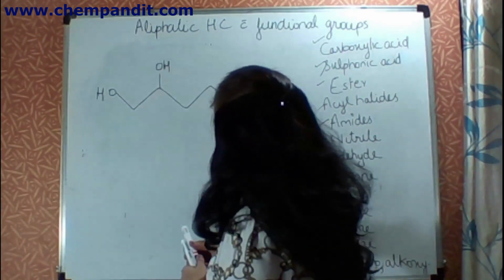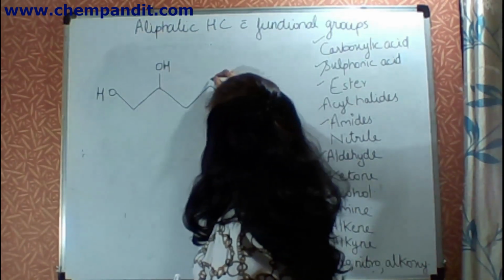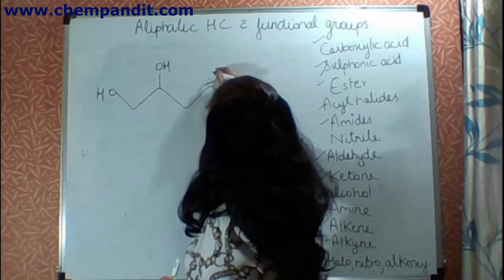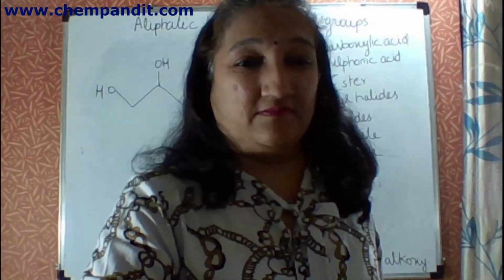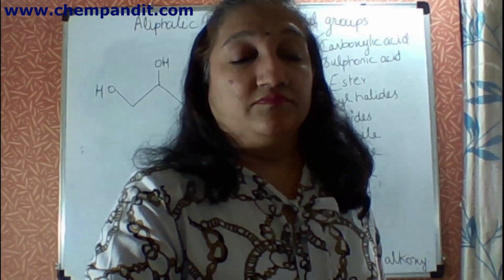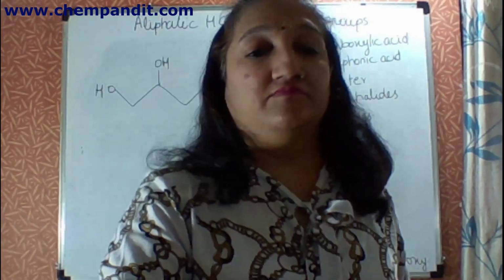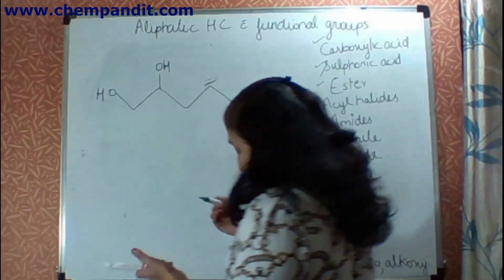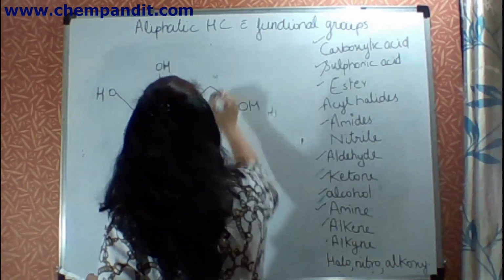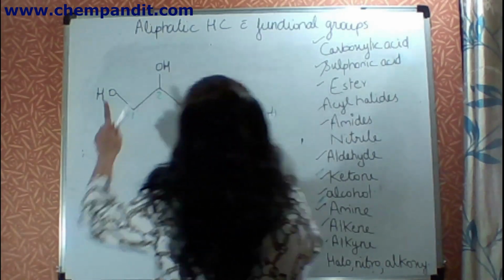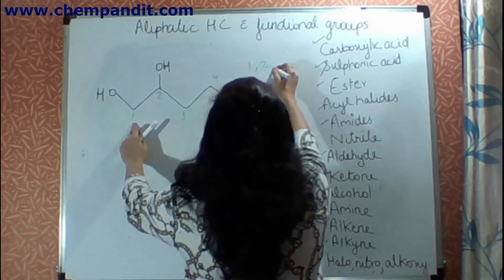So now, what will be the name of this compound? Now let's number this compound as 1, 2, 3, 4. In this case, the alcoholic groups are coming at what positions? 1, 2 and 4.